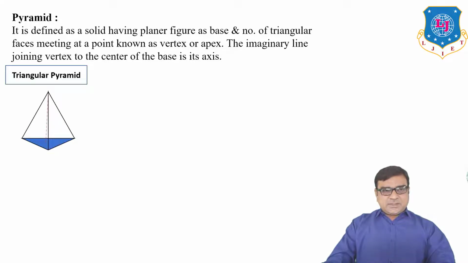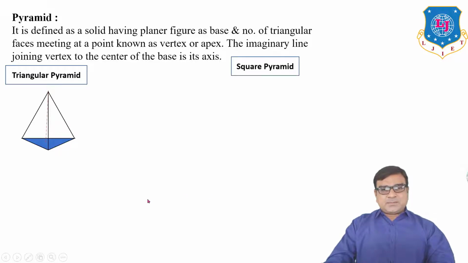So let us see one example regarding triangular pyramid. This is pyramid in which the base surface is equilateral triangle, and from three corners a line intersect at one point. That point is known as apex.